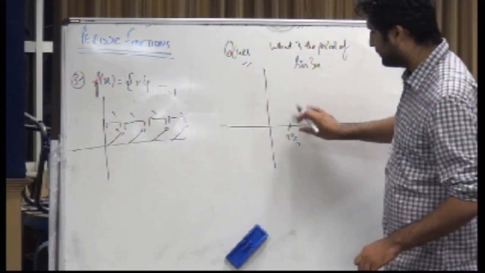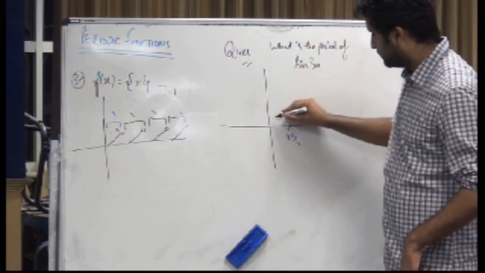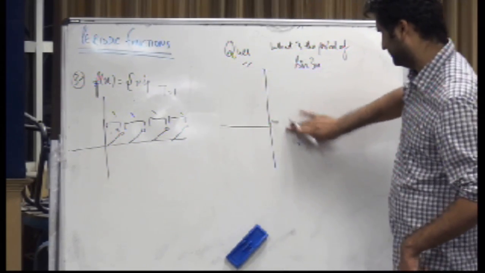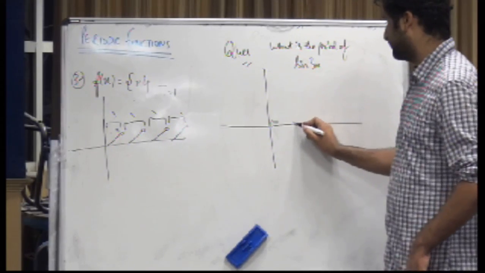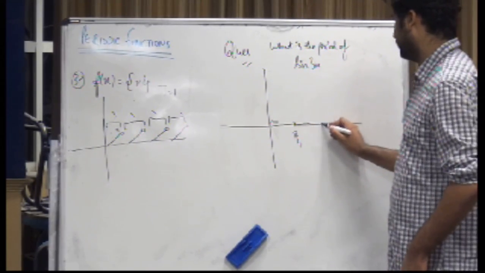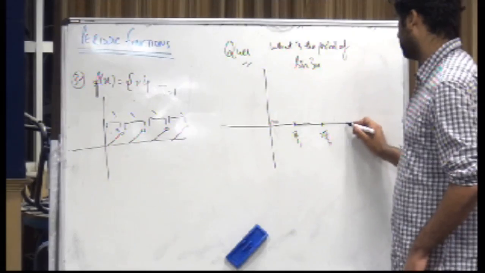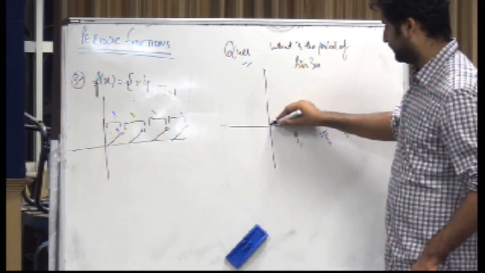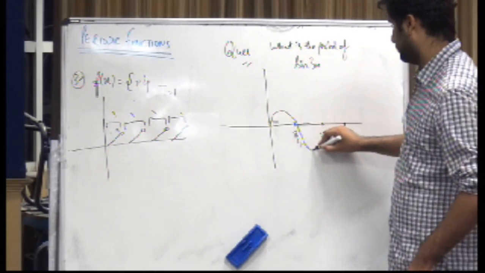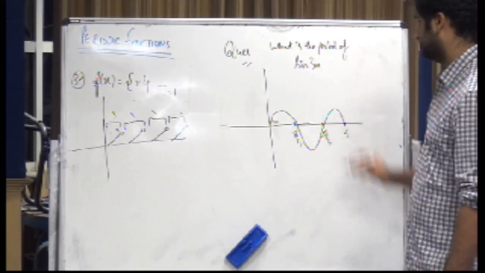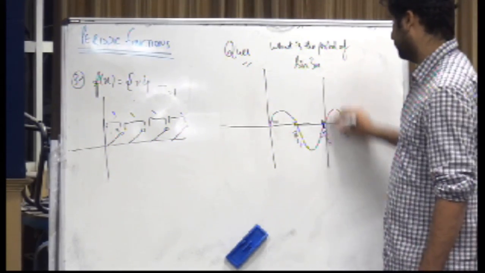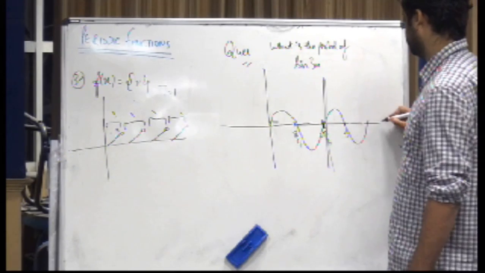The same nature it will play at 2 pi by 3. So the graph will go like this. Let's say this is pi by 3, 2 pi by 3 and pi. And this will be the period.